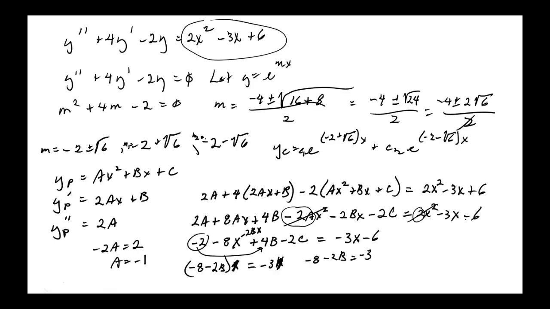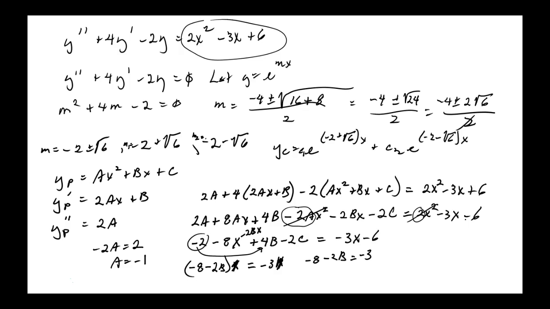What did you do with that negative 2? You have it pointed straight at the 4b. Okay. That's a constant term, and these are constant terms, so I'm going to pull these together later. So I'm leaving just the x terms here. It's minus 8x minus 2bx. That means minus 8 minus 2b times x has to equal minus 3x. Okay, so I did away with the x's, so I have that.